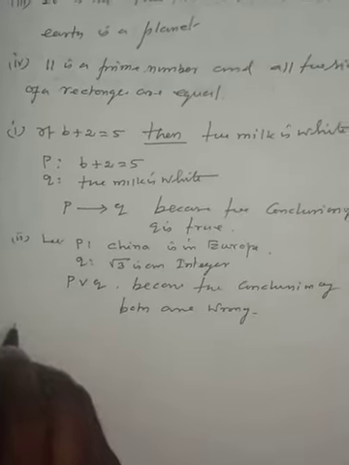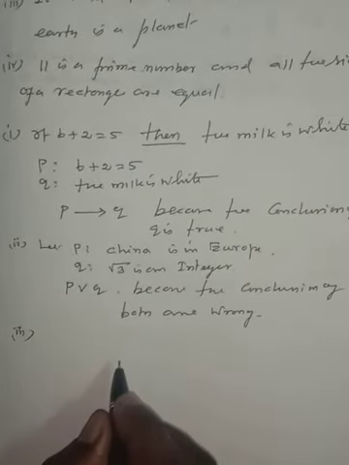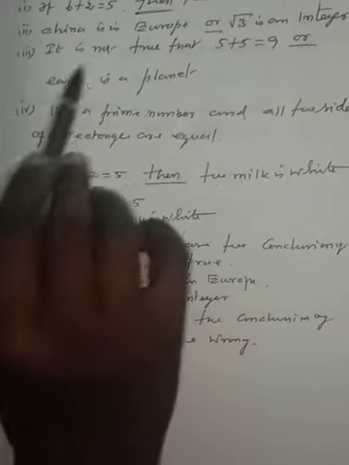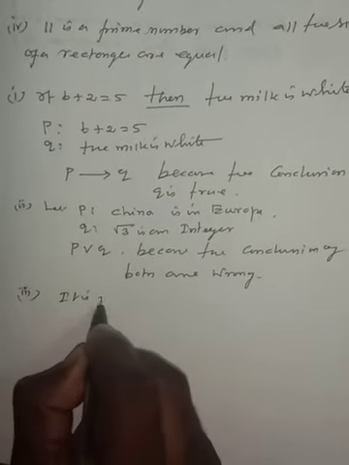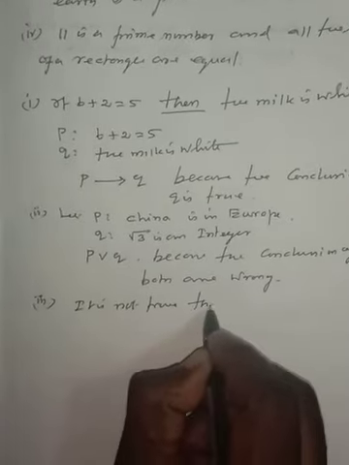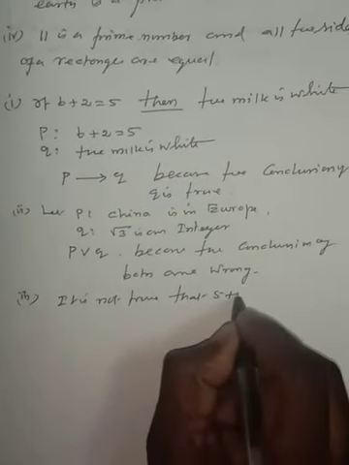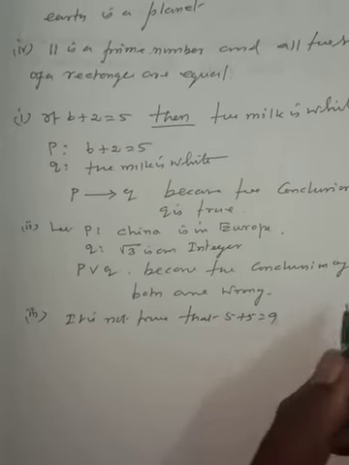Next, number 3. It is not true that 5 plus 5 is equal to 9, or Earth is a planet.